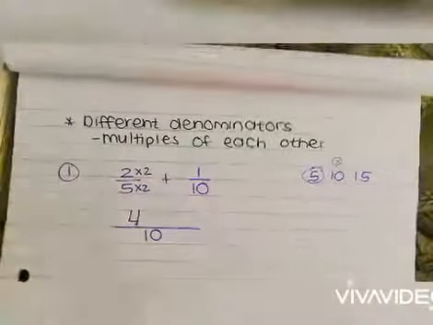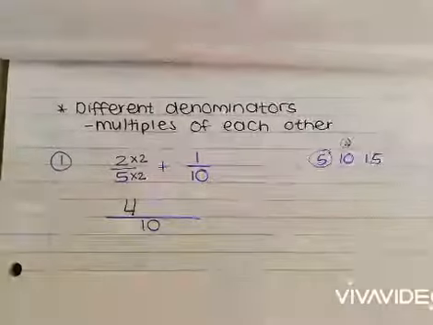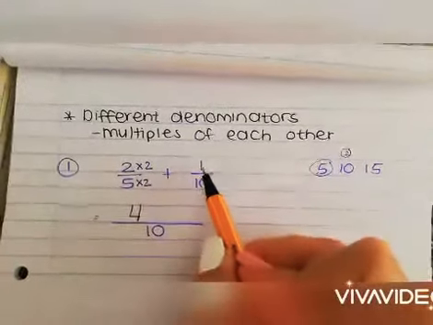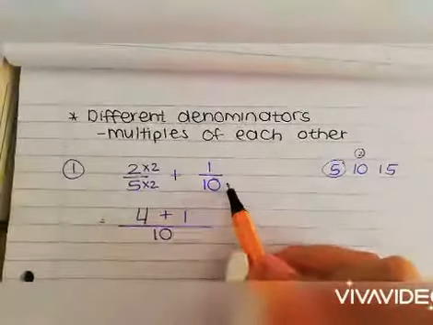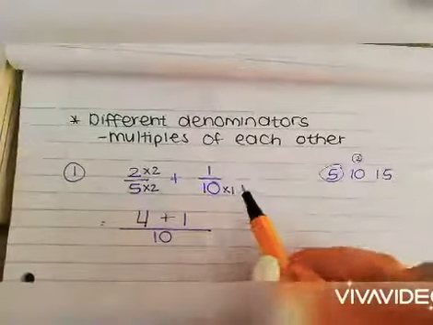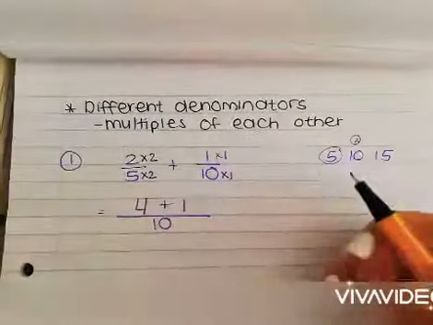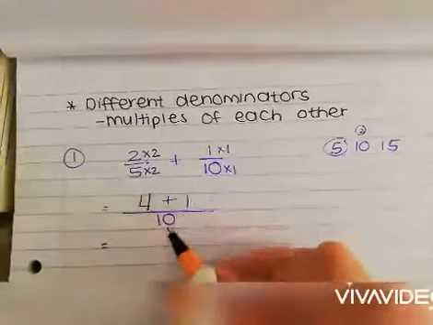And then because I've already got 10 as a denominator over here, that means that I'm going to keep the number that's on top. So you can always say times 1. So 10 times 1 is 10, and 1 times 1 is 1. So you can always do it like that as well. Means exactly the same thing, because it is exactly the same.